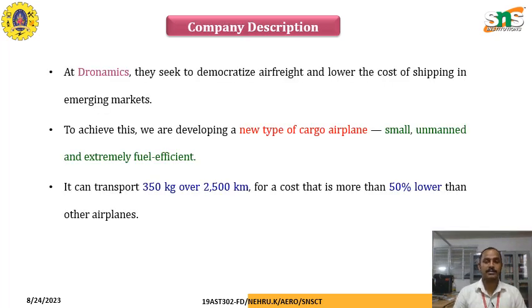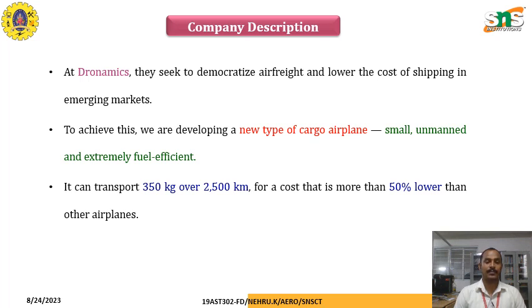So the company description: let us see why Dronamics is going to build an unmanned aerial vehicle. Let us recall the company status. Dronamics seeks to democratize air cargo and lower the cost of shipping in emerging markets. To achieve this, they are developing a new type of cargo airplane, smaller, unmanned, and extremely fuel efficient.